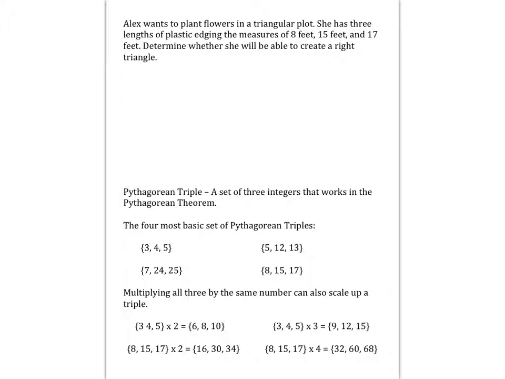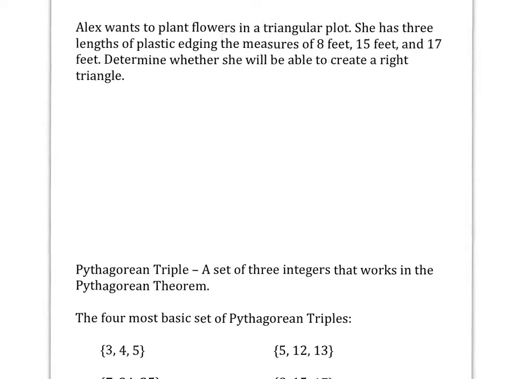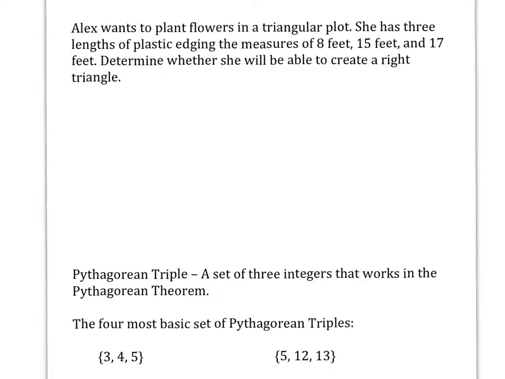So again, this is going to take using the Pythagorean theorem, and I'll go ahead and zoom in here, of a squared plus b squared equals c squared. And so here we'll use 8 squared plus 15 squared, and again the longest side is always c.